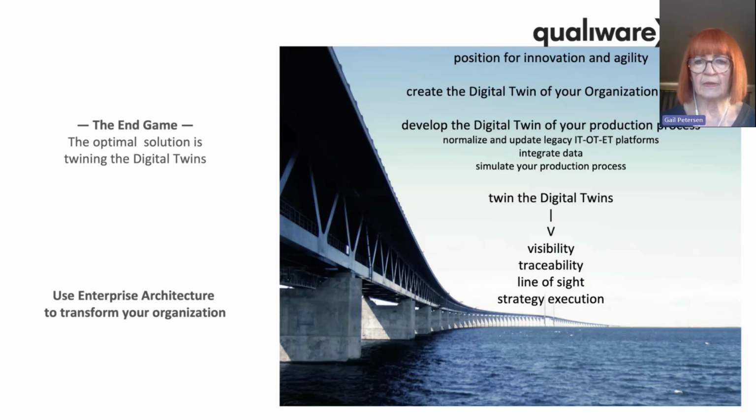Now, if we normalize and update legacy IT, operational technology, and engineering technology platforms, integrate that data and simulate the production process, we've got the digital twin of a production process. Now, think about this, twinning the digital twins. That is power. You've got visibility, you've got traceability, you've got line of sight, and you've got strategy connected to execution. And you're going to use enterprise architecture to transform your organization.